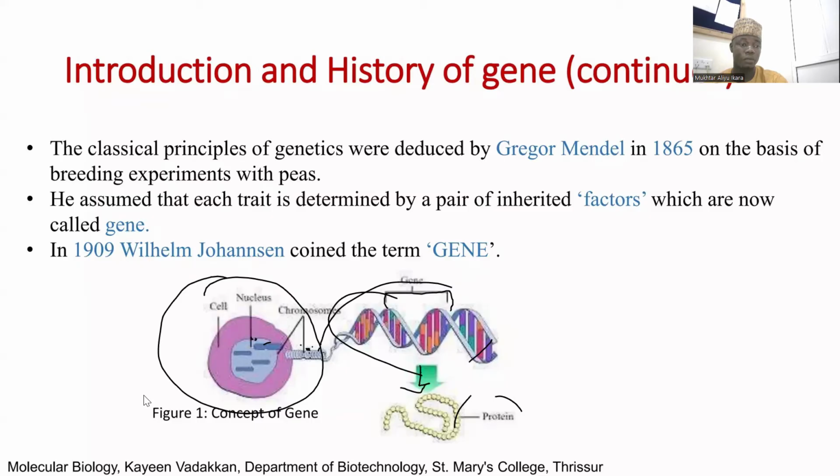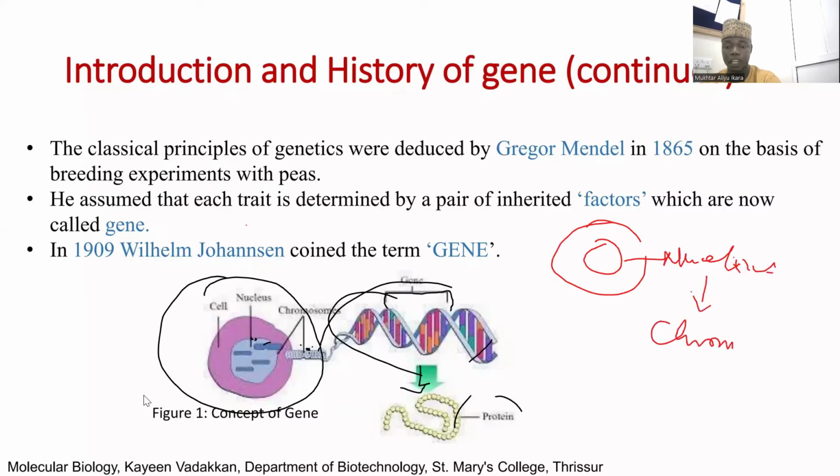So in a simpler term, you can now understand that we have a cell, and inside a cell we have the nucleus. And inside the nucleus we have what you call chromosomes. The chromosome number varies across species. And in the chromosomes we have DNA, and in this DNA we have thousands of genes.